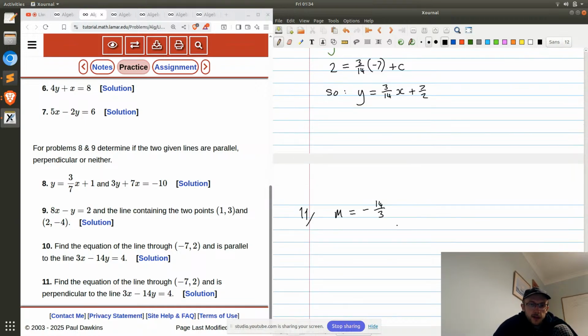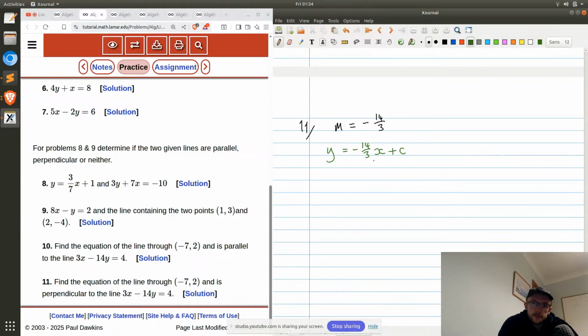And know that it has to pass through -7, 2. So it will have the form like that. And stick in y's and stick in -7 where x is.